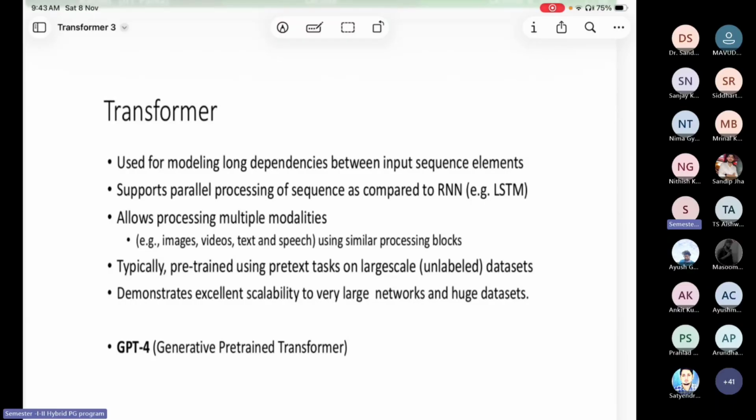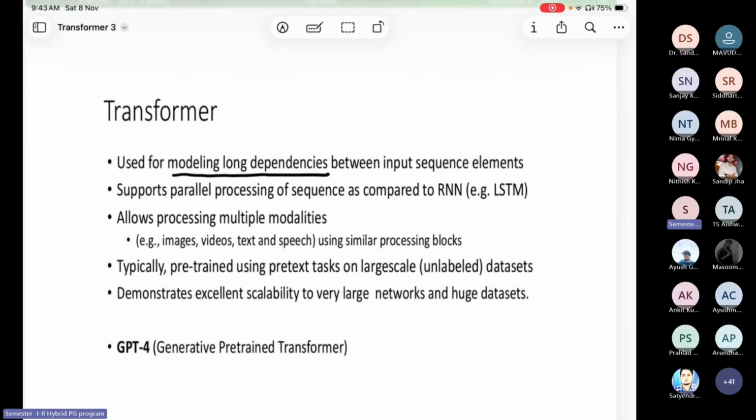At that time people were struggling using RNN and LSTM, and then transformer came and tried to solve the problems which people were facing at that time. And that was modeling long dependencies.